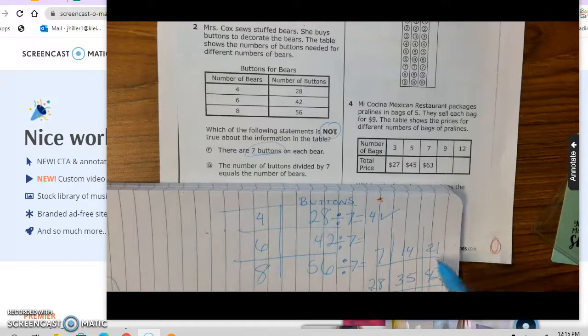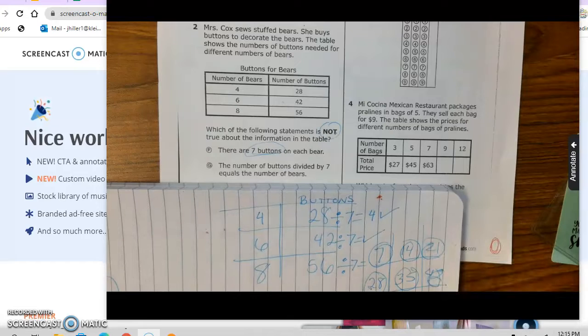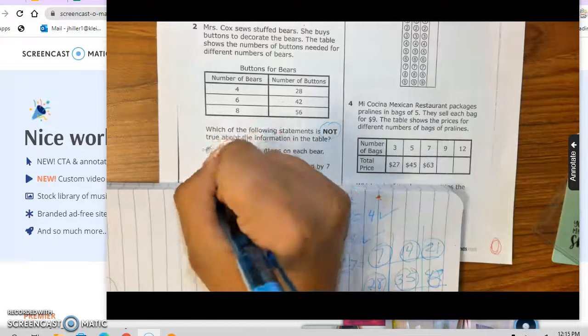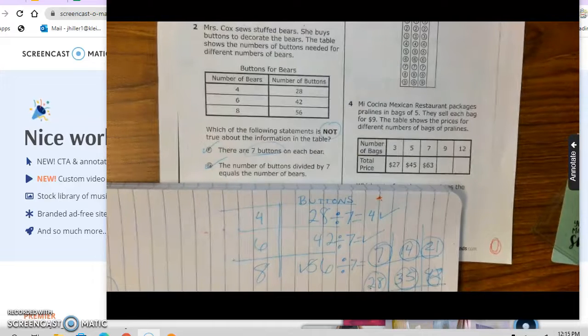Oh, guess what? Your answer is 6, so that one checks off. Now go ahead and do your tic-tac-toe for 56 divided by 7. You can pause the video so then you can find your answer. Your answer is 8, so guess what? All of them check off. So we know that letter G is correct.